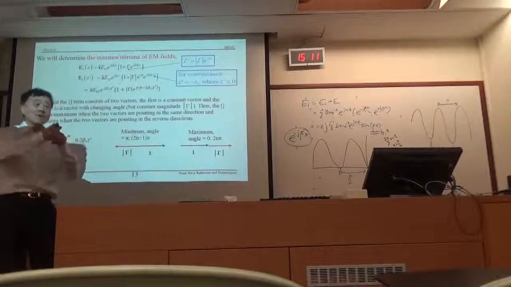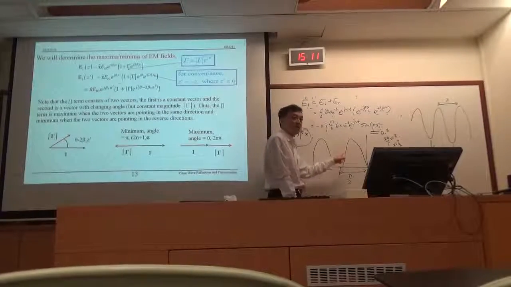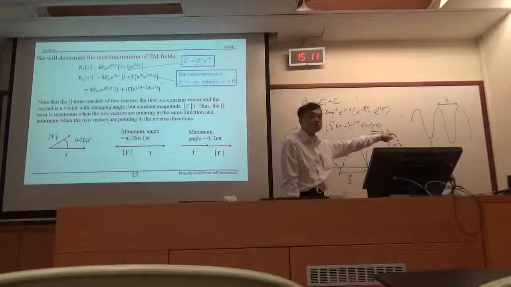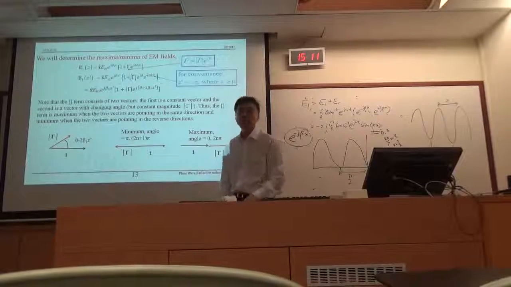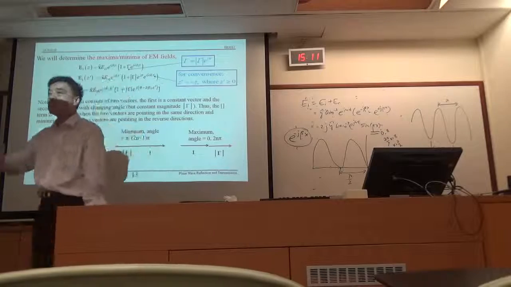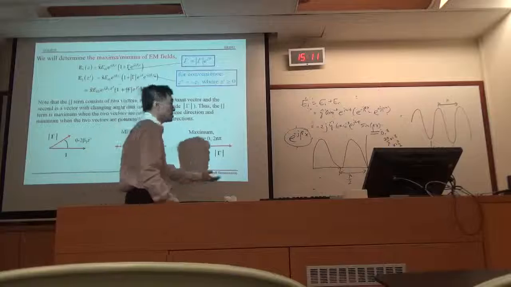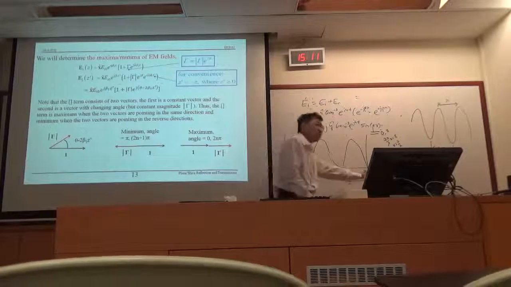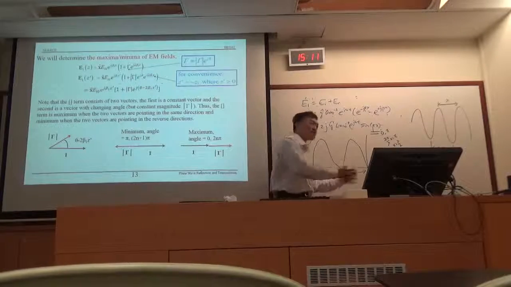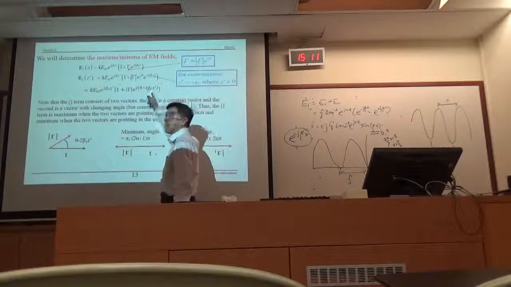So you can see that this standing wave is double the frequency of the incident wave. The standing wave wavelength is half of the original one, because this guy rotates twice as fast.